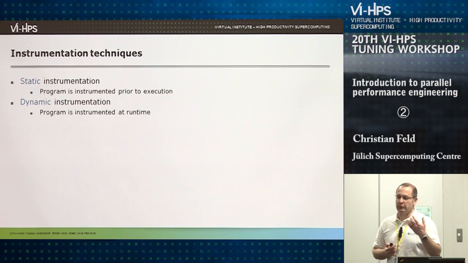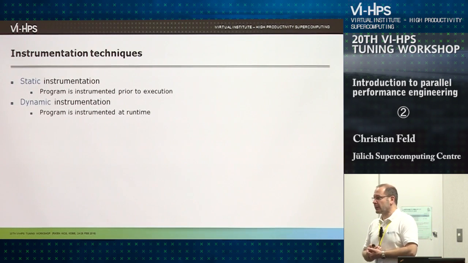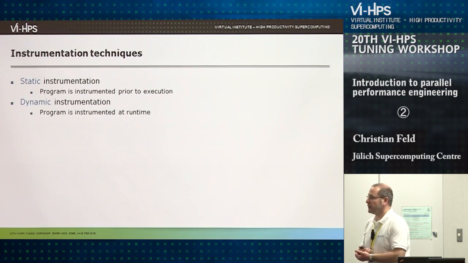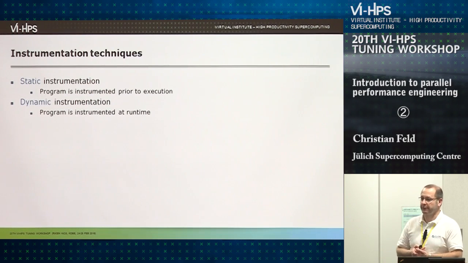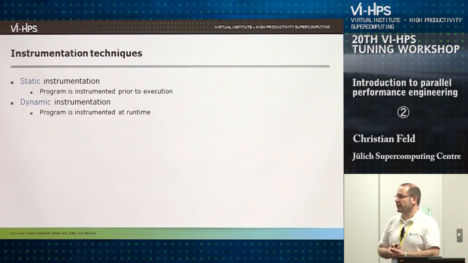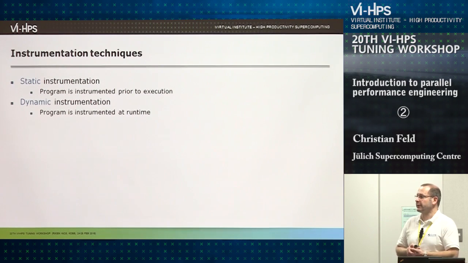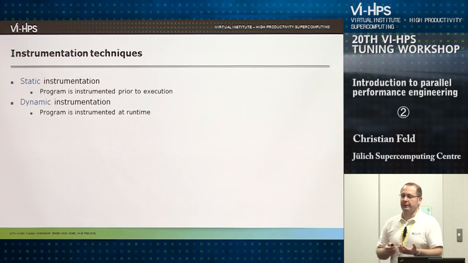You can also insert some macros provided by the measurement system. You can do this by source-to-source translation before you compile your program. So there are different techniques, and different tools support different techniques, and it's also dependent on the compiler if one technique is better than the other.